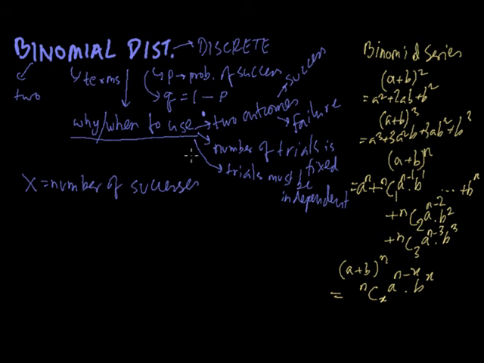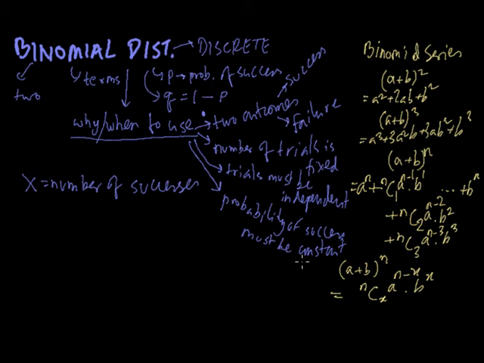And the final thing is that the probability of success must be constant, meaning the probability of failure must also be constant. You cannot just keep changing the probability. So that is very important, that the probability of success must be constant.